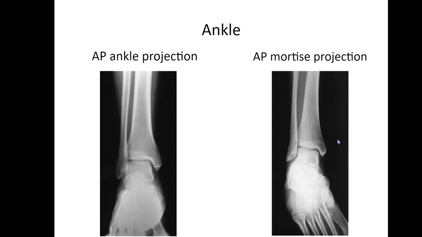So let's take a look at two radiographs to compare the difference between the AP and the mortise. So here on the left, you have an AP ankle. And remember, in a true AP, the distal fib sits about 15 to 20 degrees posterior of the tibia. And this causes the lateral joint space to appear closed. So here's our mortise joint, a three-sided joint.